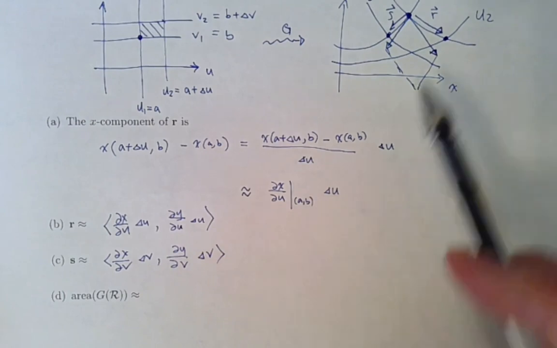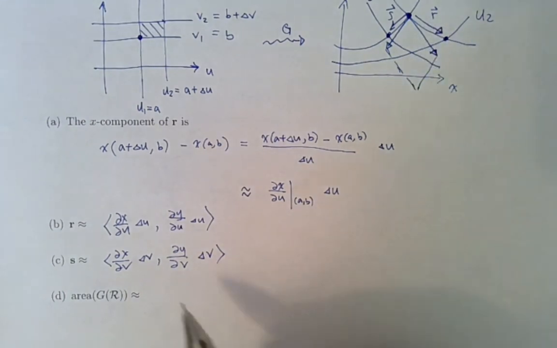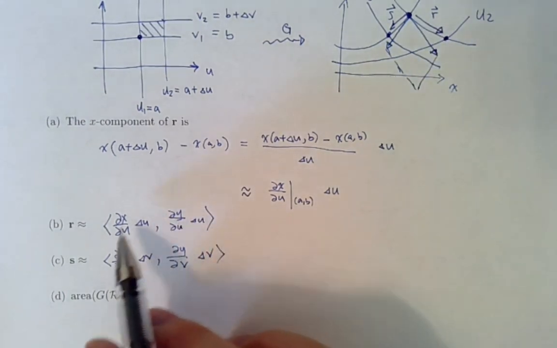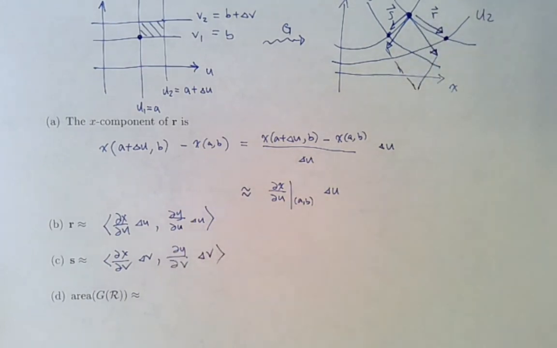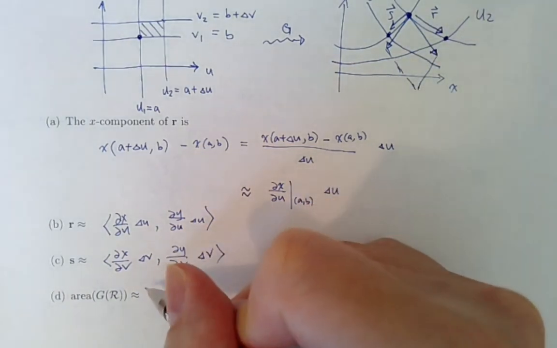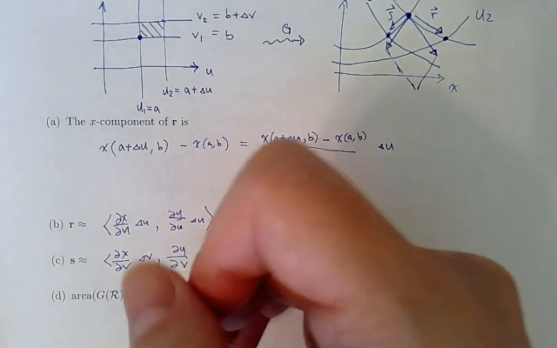So here, this further approximation is used to calculate the area spanned by these two vectors. We've already done this several times, so let me directly write it out. We've done it twice on the other page.